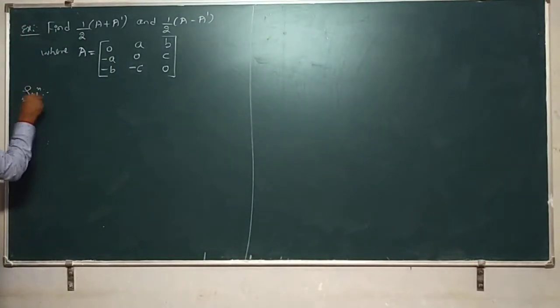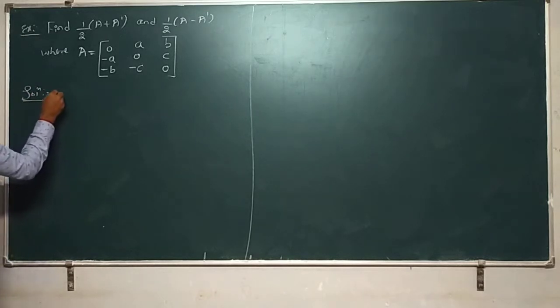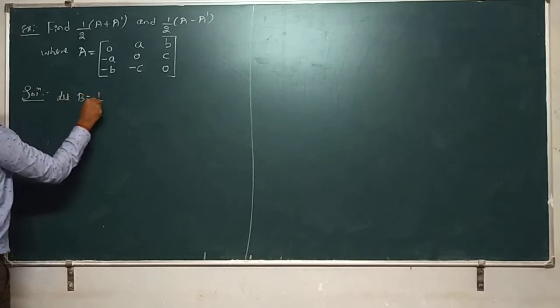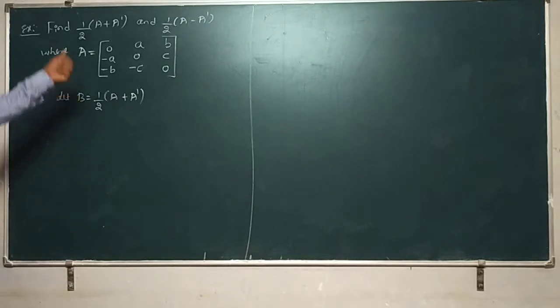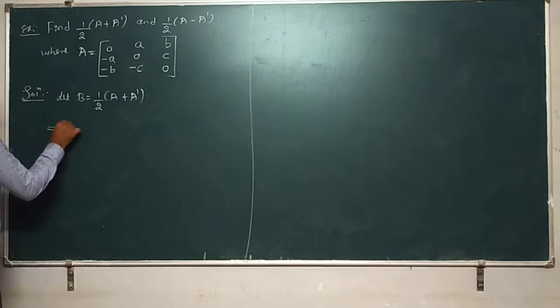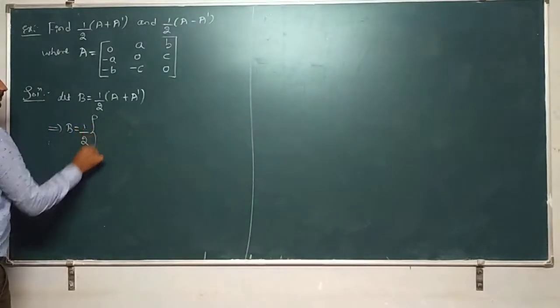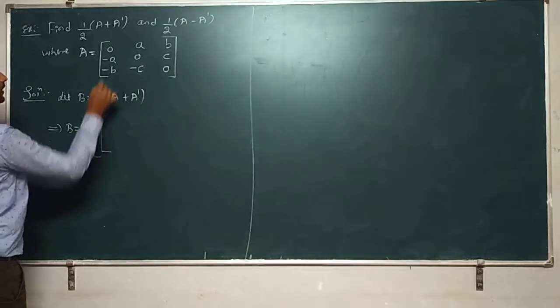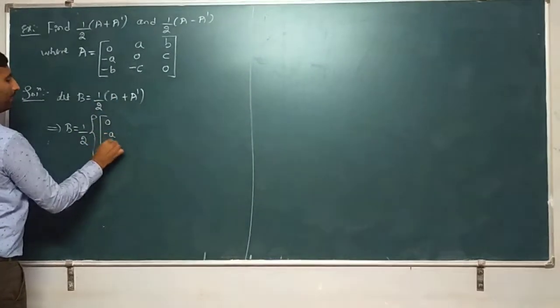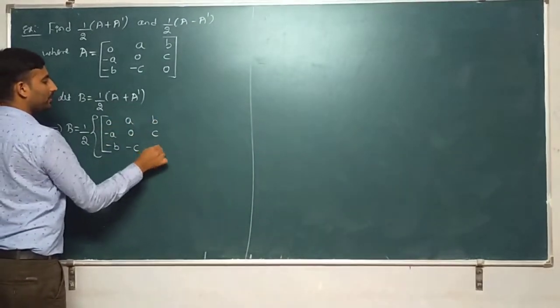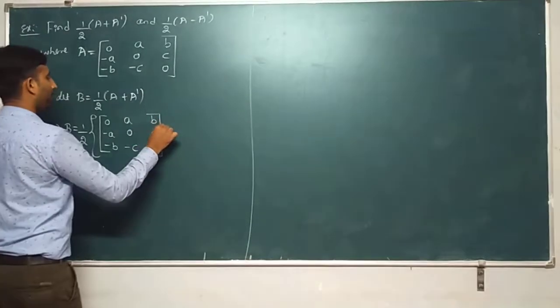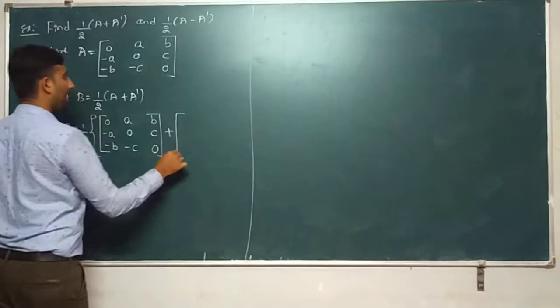Solution. Value of B. Let B is equal to half into A plus A dash. Correct? What we have to find out? Only that much value we have to find out. Half into A plus A dash, which implies B is equal to half, A is nothing but 0 minus a minus b, a 0 minus c, b c 0, plus A dash.